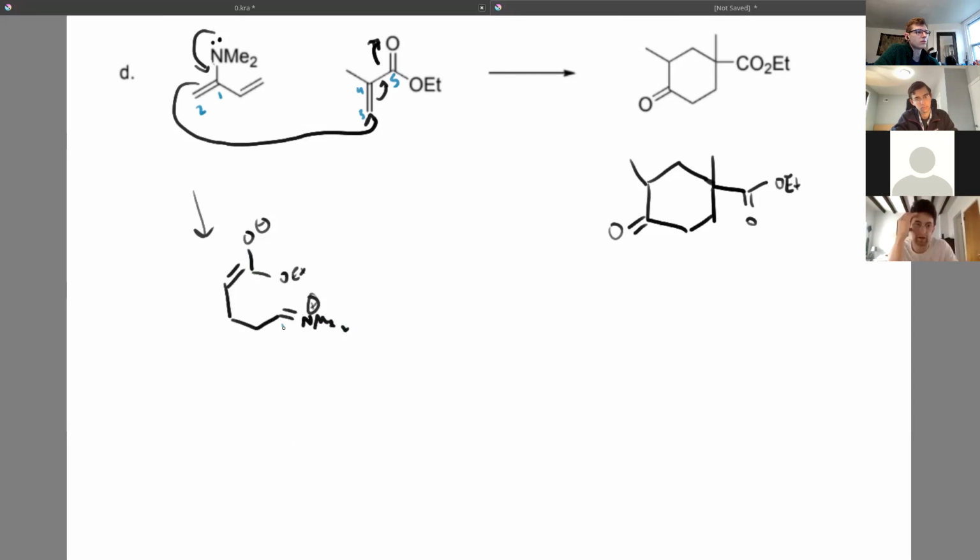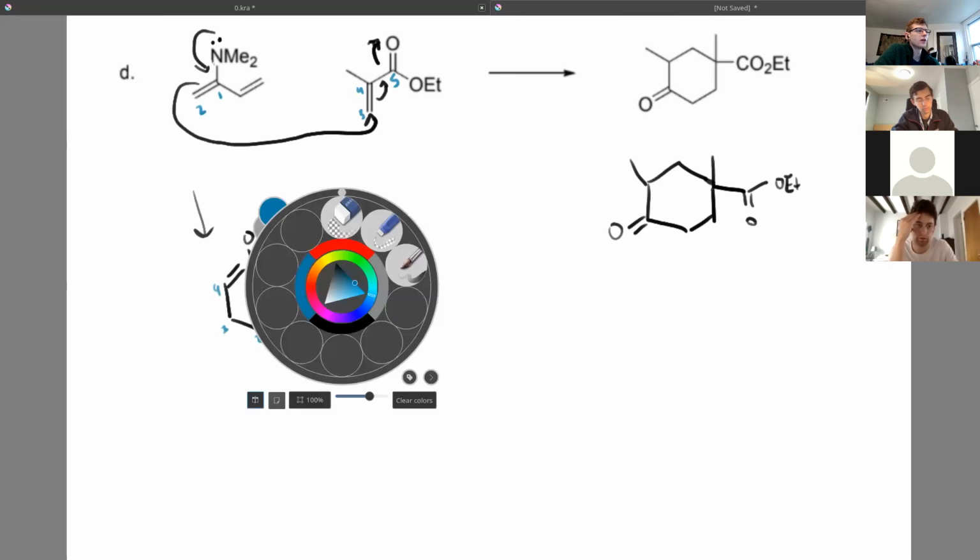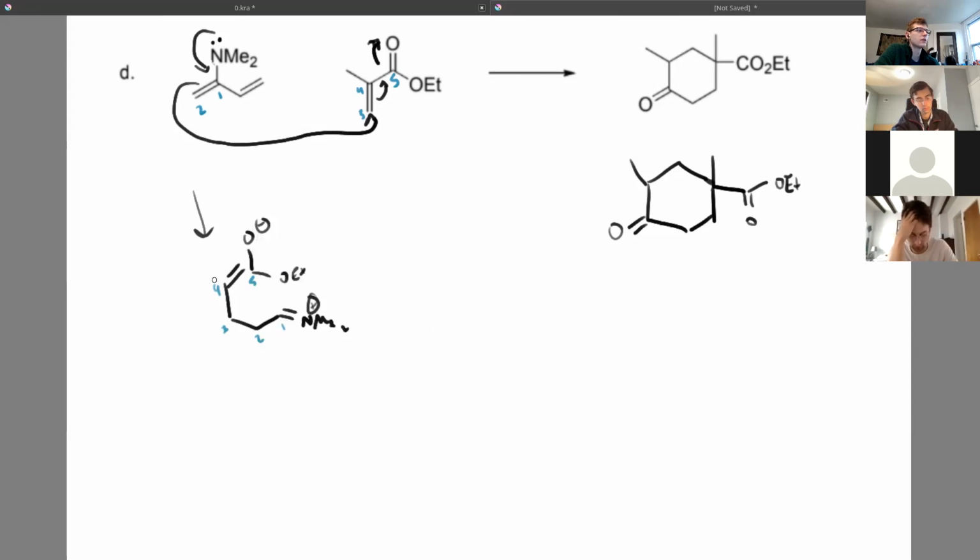And isn't there a methyl coming off of carbon 4? Yes, there is. So there's a methyl there. And there's also this thing. Nice. Oh boy. Okay, so we have that.